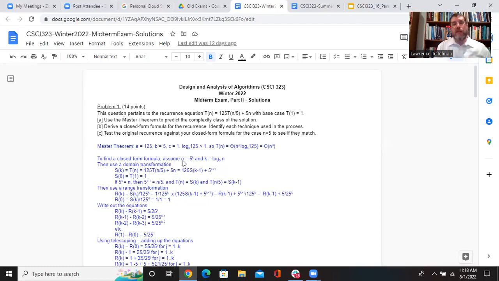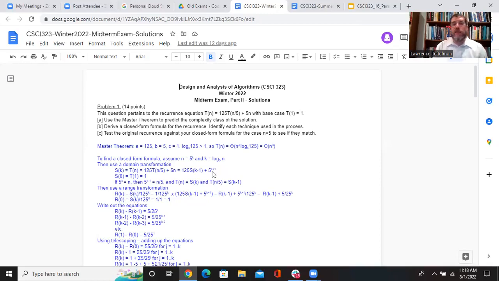Because if I divide n by 5, that's like dividing 5 to the k by 5, so I get 5 to the k minus 1. Now while we're at it, let's plug in 5 to the k for n. So 5 times 5 to the k is 5 to the k plus 1. Okay, you're asking, how did we get that n is equal to 5 to the k? It's a fair question.